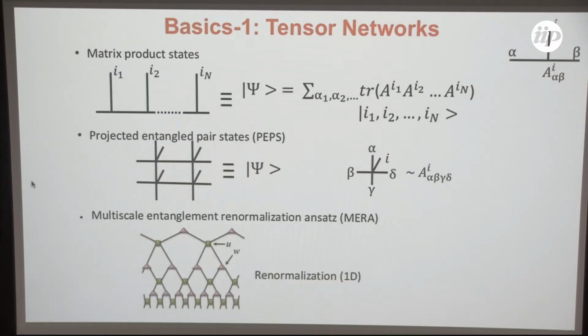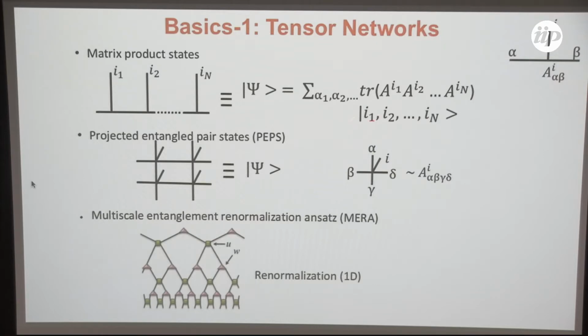Since I should not assume that everyone is familiar with the notation, let's first introduce a graphical notation. What we try to do is, we are given a quantum state psi on n parties. And we write this, let's say, in computational basis from I1 to IN.